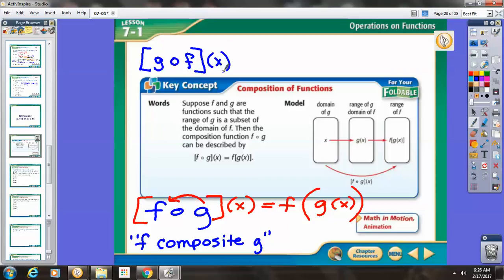It's g composite f. That circle means composite. This time we're going to work the other way. We're going to put f of x into g of x. So this time we're taking our f function and we're putting it into the g function. So what is that going to look like? Well, we're going to have our g function, and into that g function we're going to put f of x.